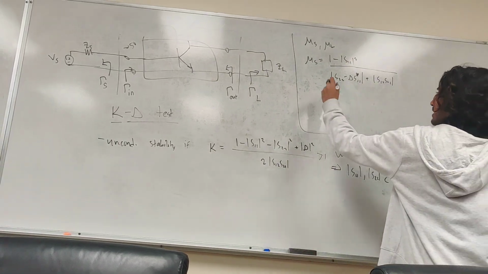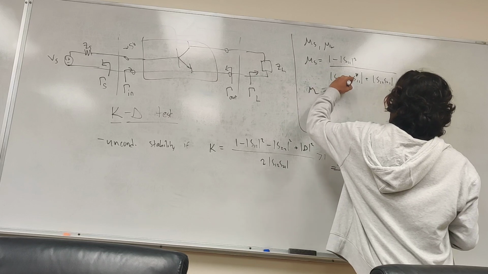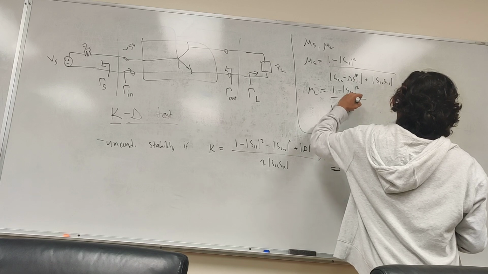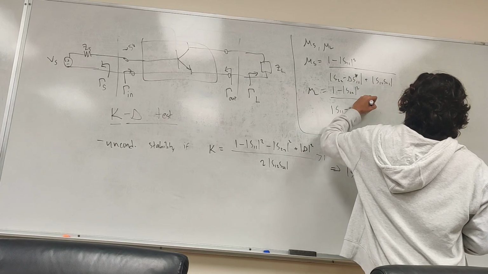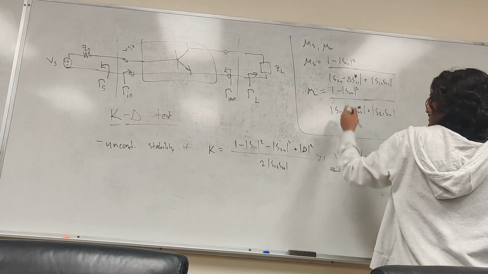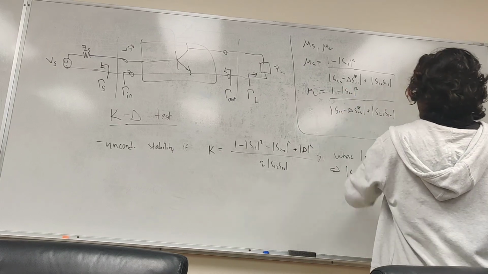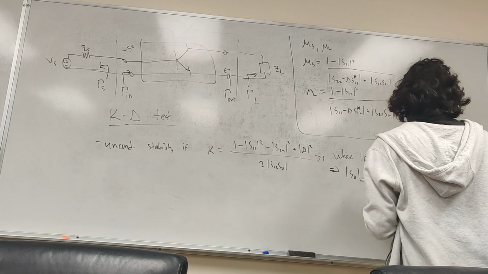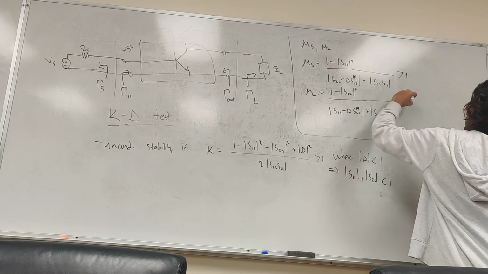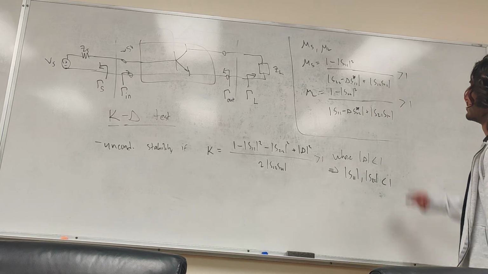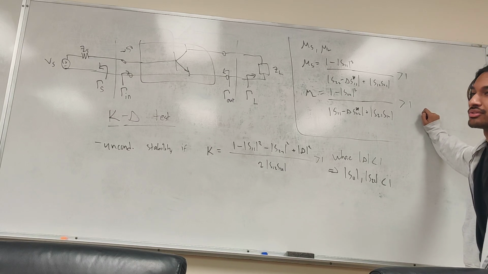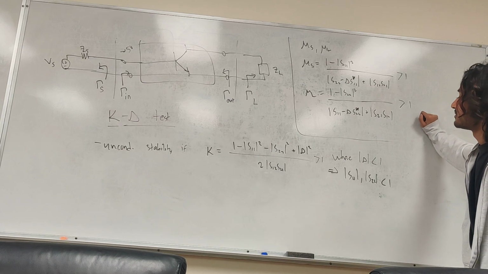And then for mu L, it's the opposite, because source and load kind of flip the ones and twos. If both of these are greater than 1, we are stable. Now all we have to do is plot these, see if they're stable, and we're good to go.